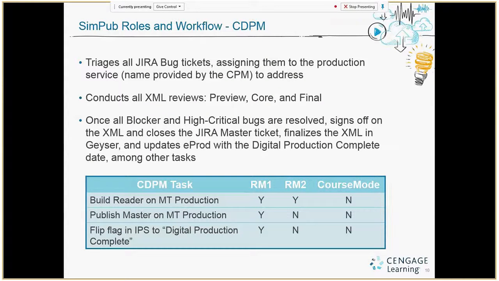So the CDPM, just a little more. As I mentioned, the CDPM is working in Jira, and so they're quite familiar with it, have been using it for a while. So they have more expertise than you at this point on using Jira. They use Jira to triage all the bugs that are submitted. There are high, critical, and medium level bugs that they address.